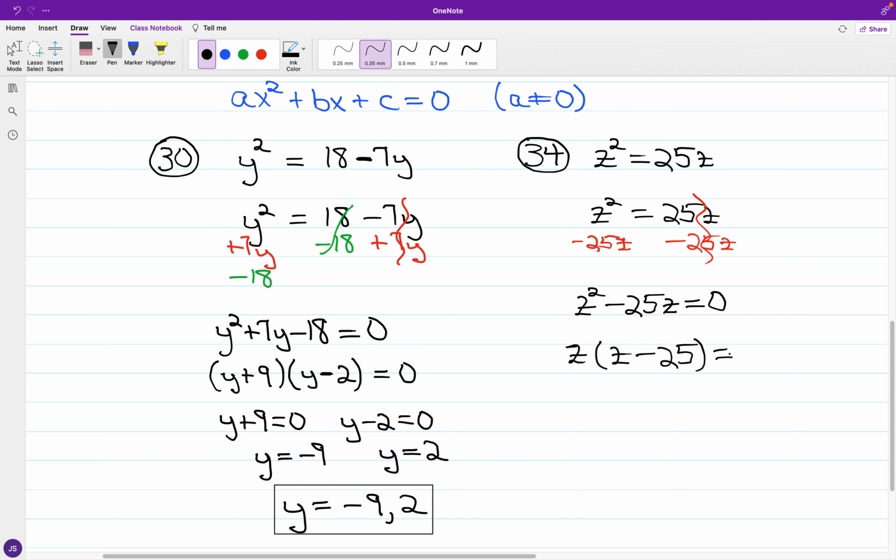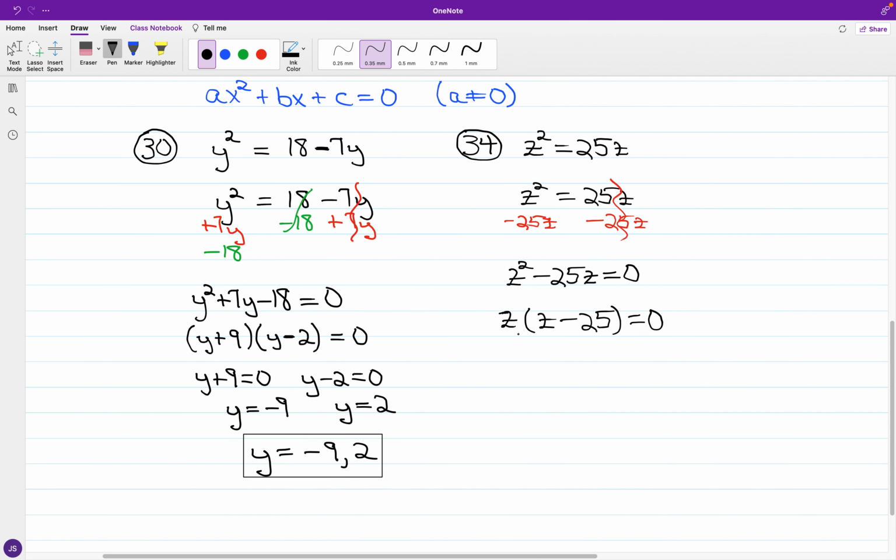And utilizing the zero product property, we have the first factor z. If I set this to 0, well, we already had the first solution, and again, that would be consistent, like 0 squared is equal to 25 times 0. And for the other factor, we have the binomial z minus 25.